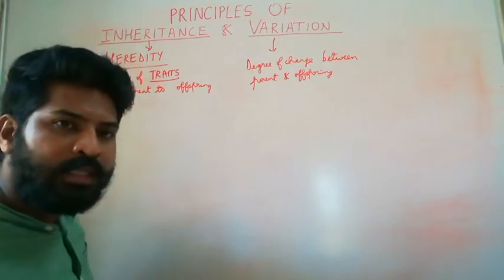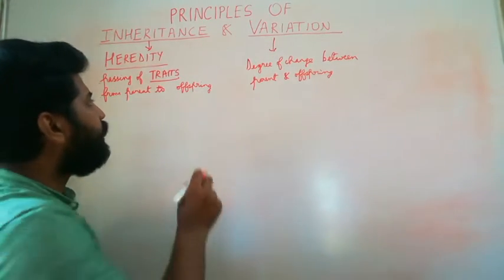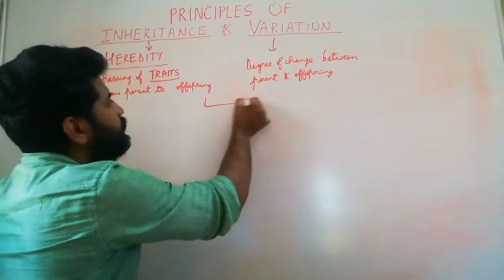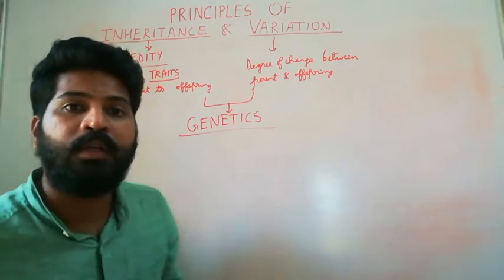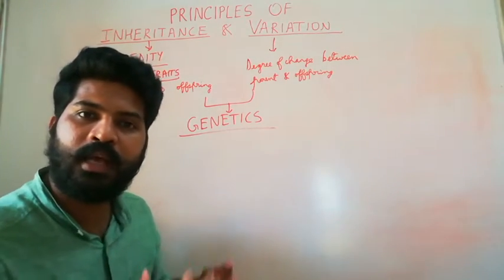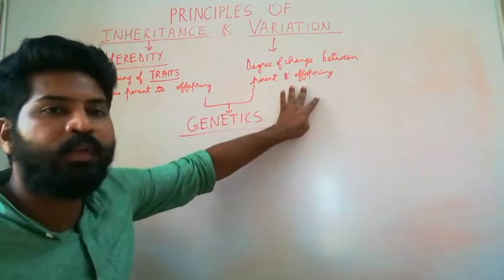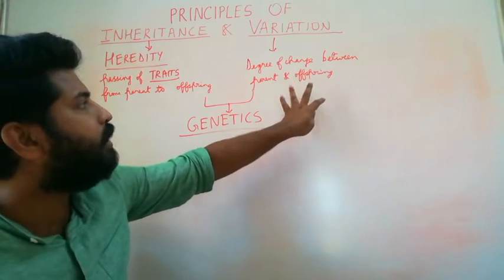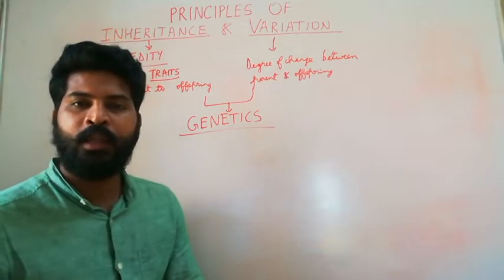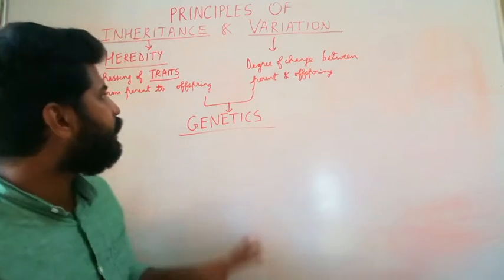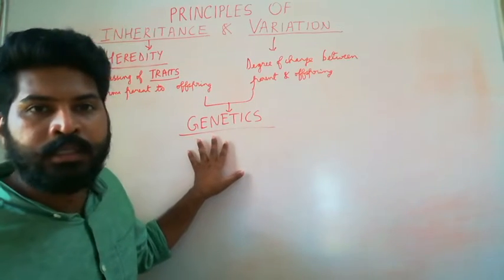The branch of biology which deals with heredity and variation together is genetics, which studies genes, how these genes are passed from the parent to the offspring, and what variations are present between the parent and the offspring. At present, we know that every character or trait is due to the gene.